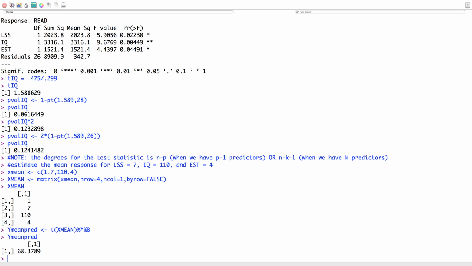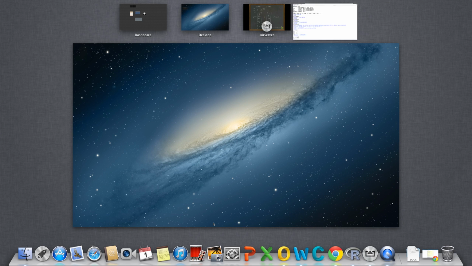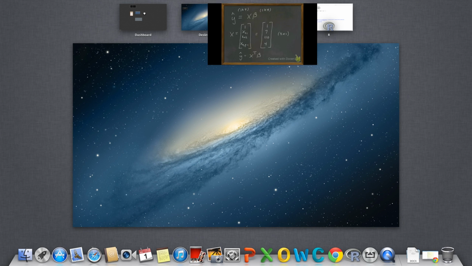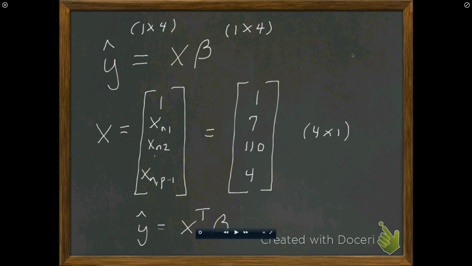Now, it turns out that the variation for the predicted mean, let me go back and get this.